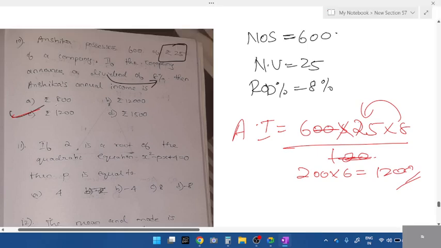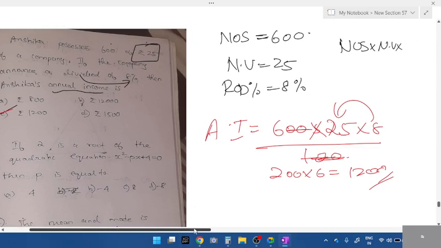And one more thing. Even if you don't understand all this, students, what have they asked us to find here? Annual income. What is the annual income formula? Number of shares into nominal value into ROD percentage. That is the annual income formula. Then definitely number of shares will be 600, there's no doubt. Nominal value will be 25.